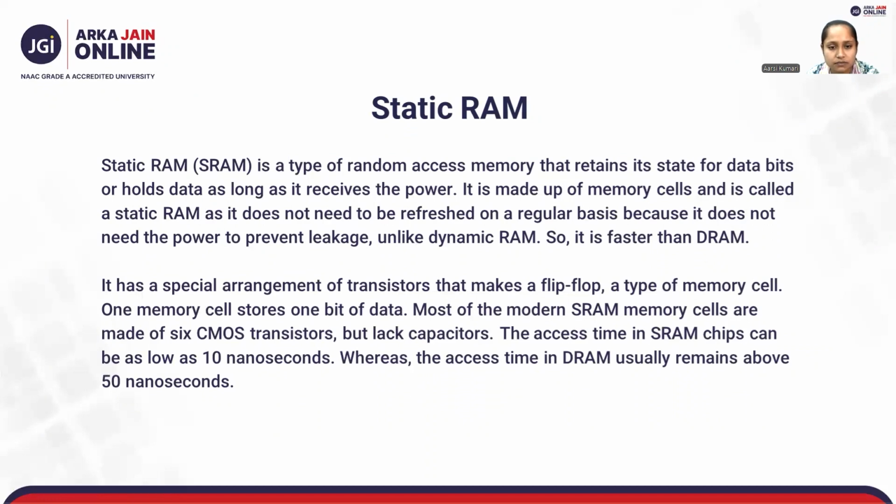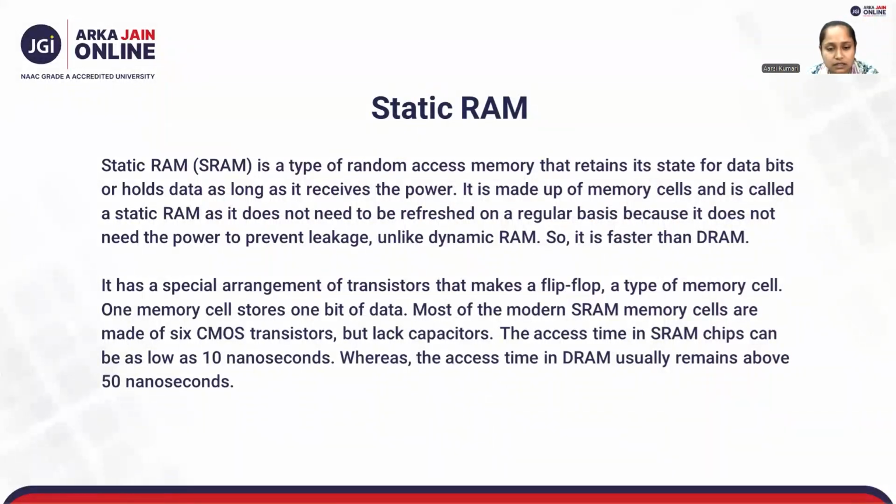A static RAM is fast because the 6 transistor configuration of its circuit maintains the flow of current in one direction or the other, that is 0 or 1. The 0 or 1 state can be written and read instantly without waiting for a capacitor to fill up or drain.